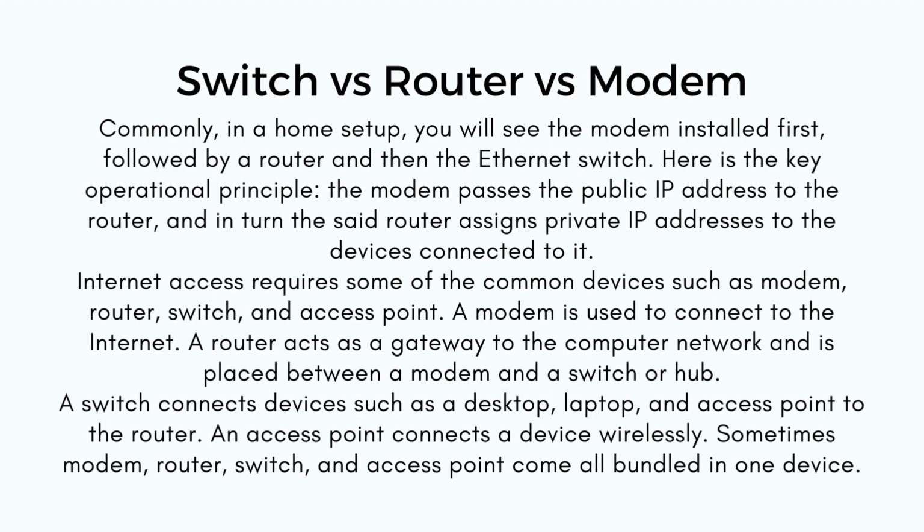A switch connects devices such as a desktop, laptop, and access point to the router. An access point connects a device wirelessly. Sometimes modem, router, switch, and access point come all bundled in one device.